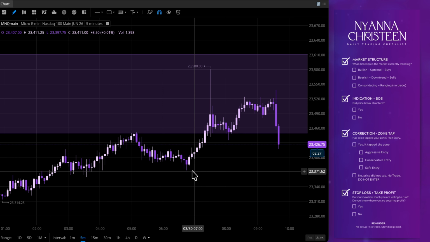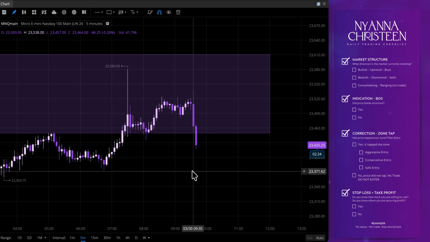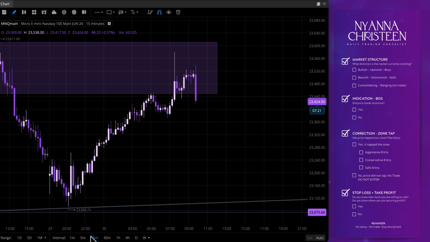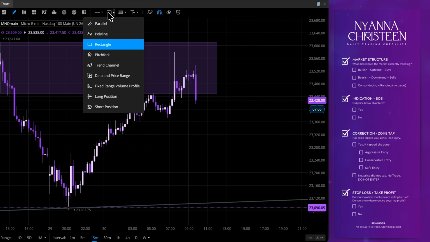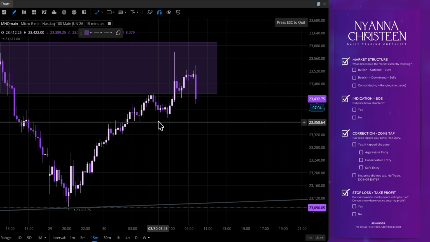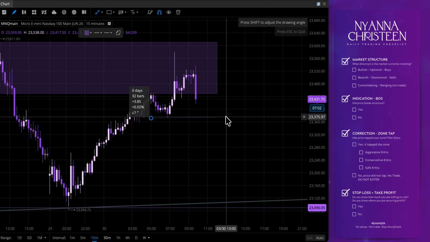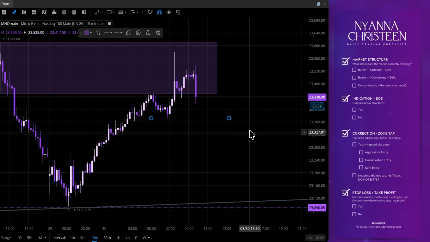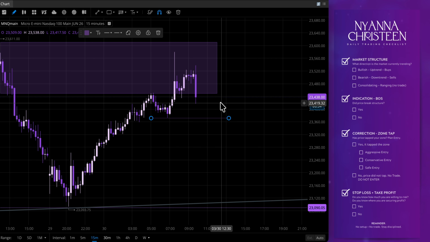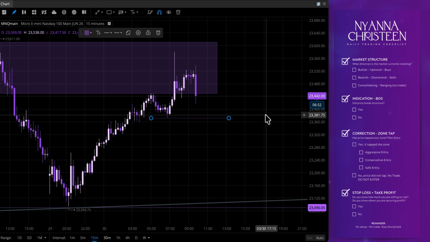If price can break this structure here, well, let's see. Yeah, if price can break this structure here, then we could potentially be getting sells for the continuation for the downside.